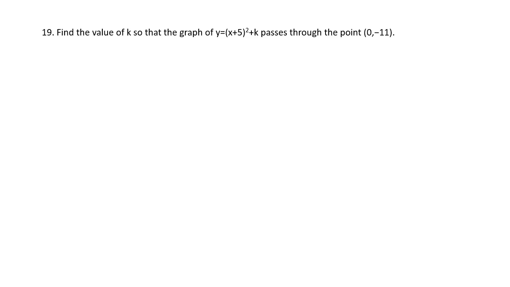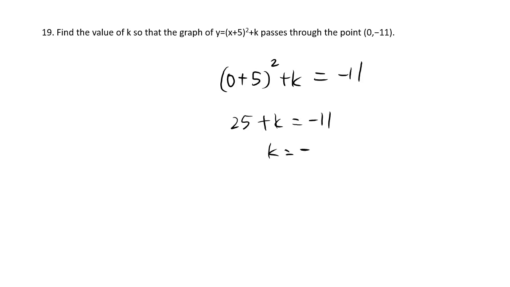Find the value of k so that the graph passes through point 0, -11. That's really easy. You plug in 0, and that has to equal the y value, which is -11. 5 squared is 25, plus k equals -11. Subtract 25, that's -36. Well, it's just asking for the k value, so that's the answer.